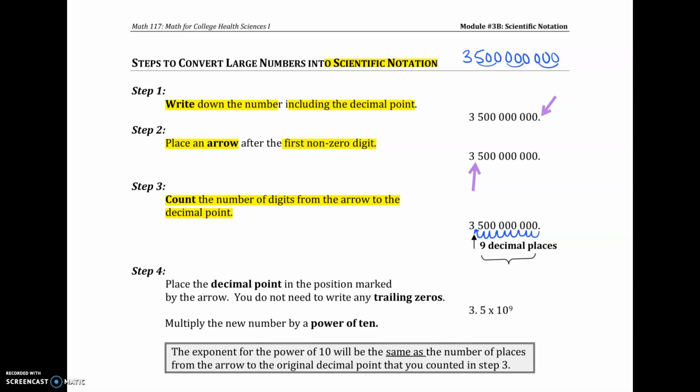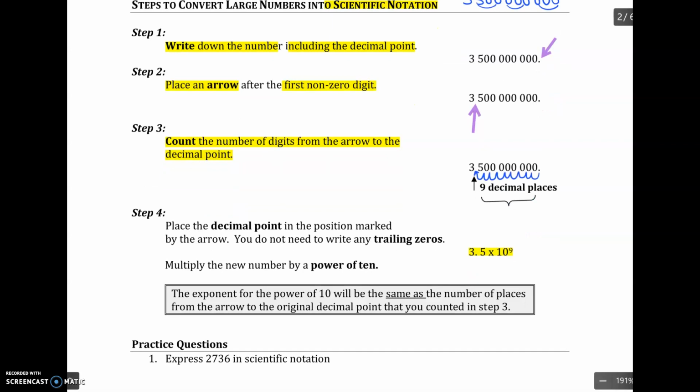So 9 decimal places. In other words, look at how our answer ends up looking: 3.5 times 10 to the power of 9. So the exponent for the power of 10 will be the same as the number of places from the arrow to the original decimal point that you counted, or from the decimal point to the arrow. Both mean the same thing.